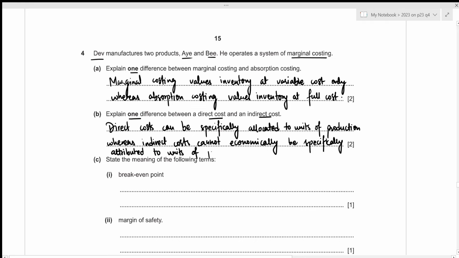And a basic way to implement this within our question is that any cost that can be figured out per unit will be our direct cost, and all the costs that cannot be figured out as per unit cost will be our indirect cost.